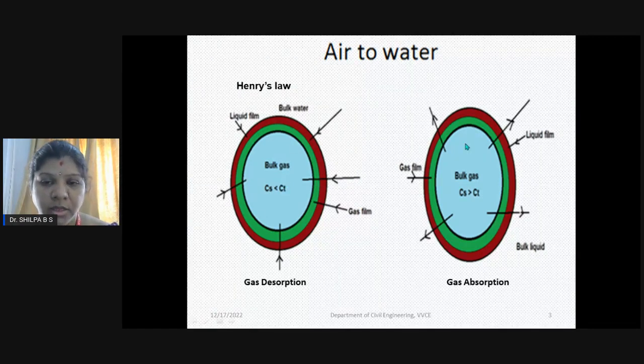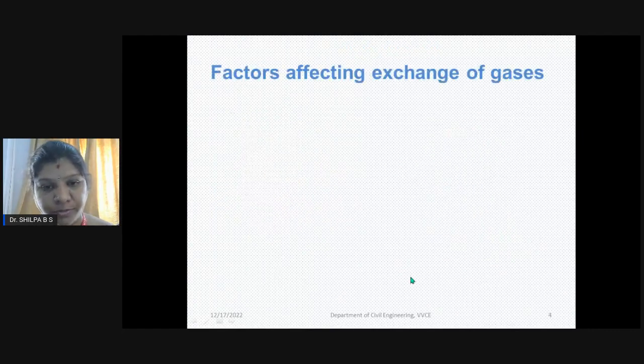Whereas if the saturation value in the water is lower than in the gas or air, then the oxygen from the gas will be absorbed in the water.